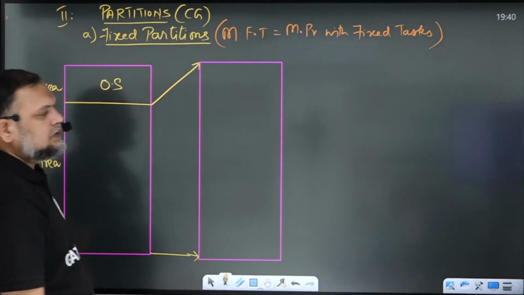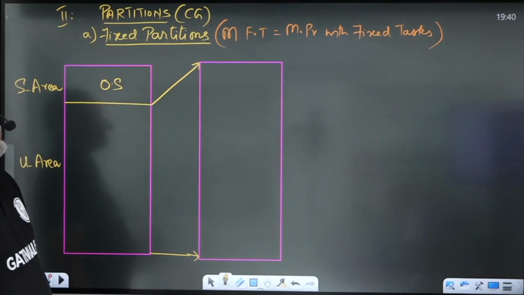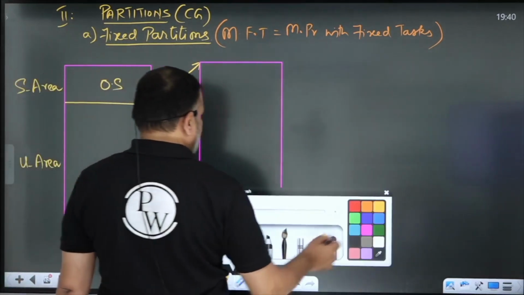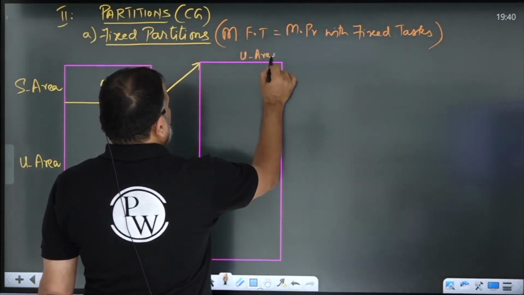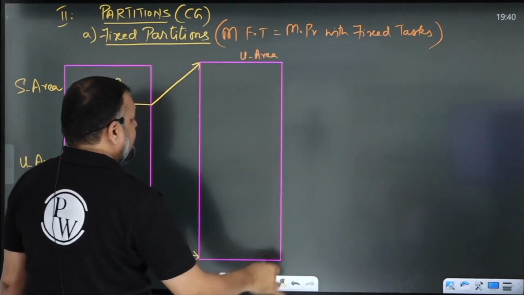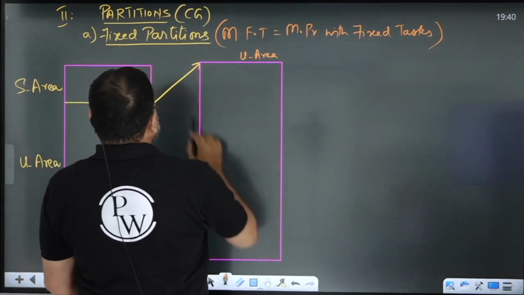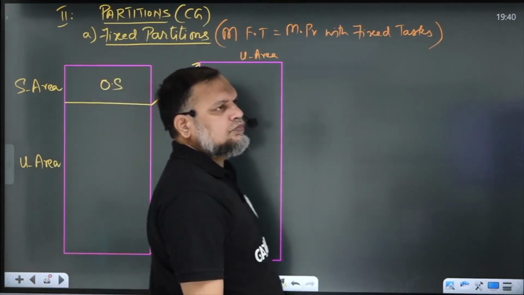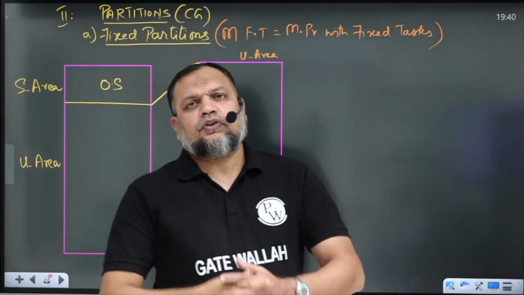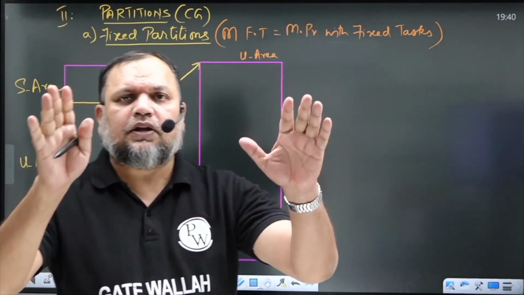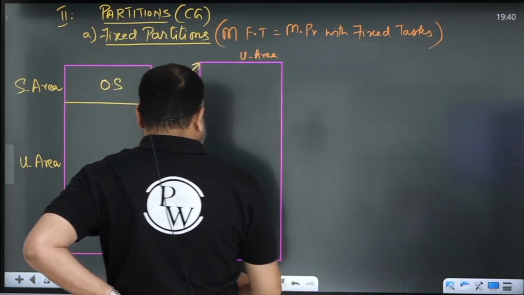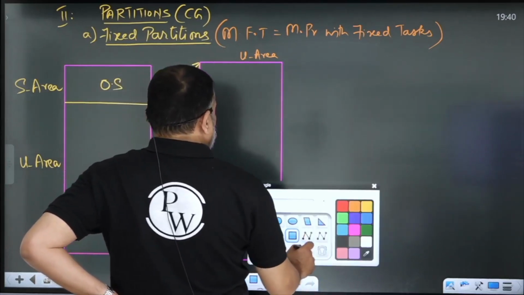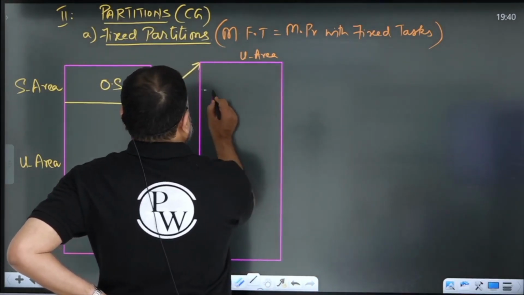I have enlarged this user area, whatever be the size, I don't take the size. So when I say fixed partitions, this user area will be divided into a fixed number of partitions like this.